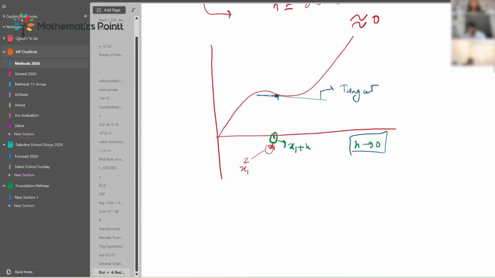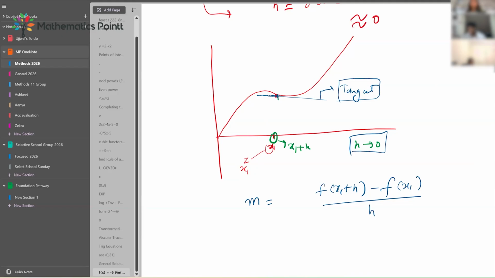And I'm doing the same thing again. I need to find the slope of this tangent. Let me find it again. The slope of this tangent, m, is f of x1 plus h minus f of x1 over h.